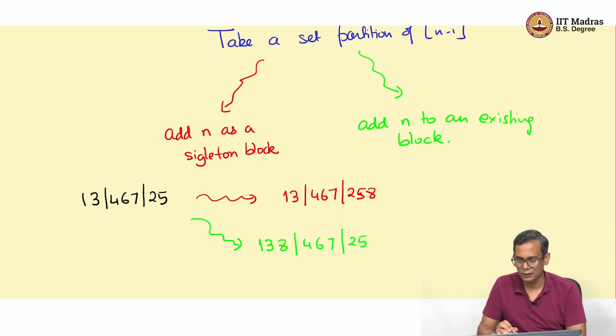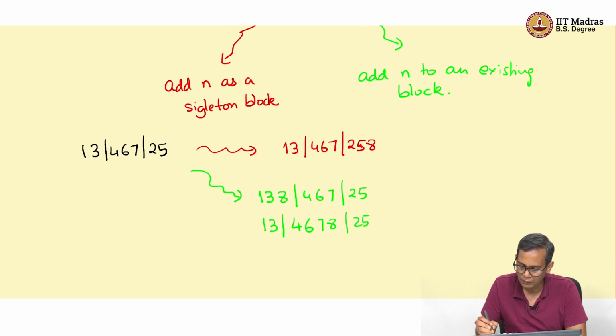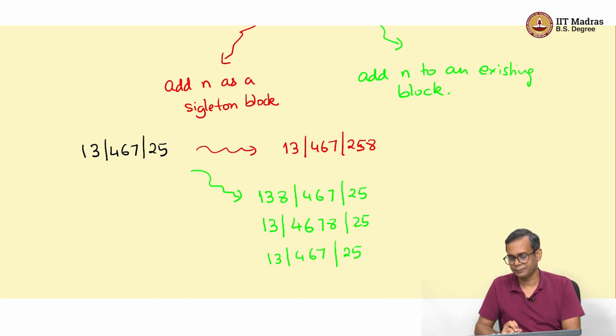Here I have added 8 to the first block of the original set partition, but I could also add 8 to the second block. I get 1 3 4 6 7 8 2 5, or I could add 8 to the third block, 1 3 4 6 7 2 5 8.